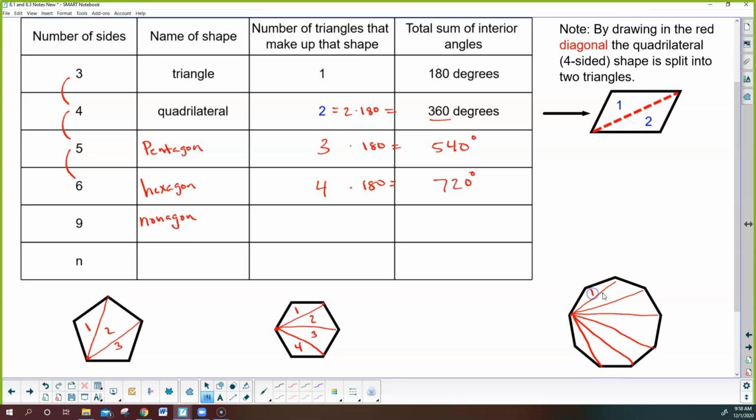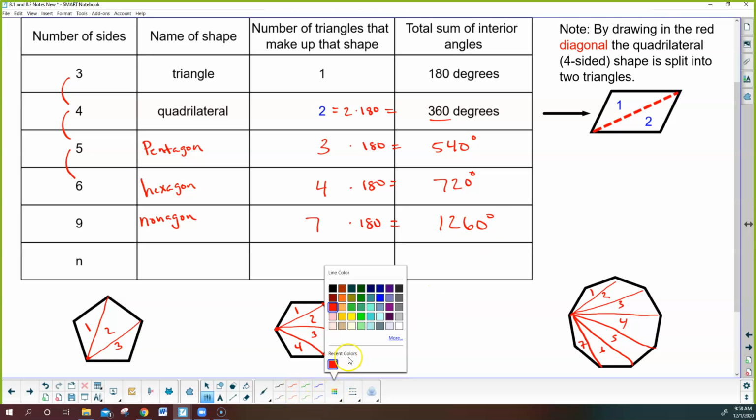So I could mark 1, 2, 3, 4, 5, 6, 7, but that kind of gets messy. Isn't there a pattern? We know there are 7 triangles, and 7 times 180, let me do that quick, that's 1,260 degrees. So what if I have an n-sided shape?